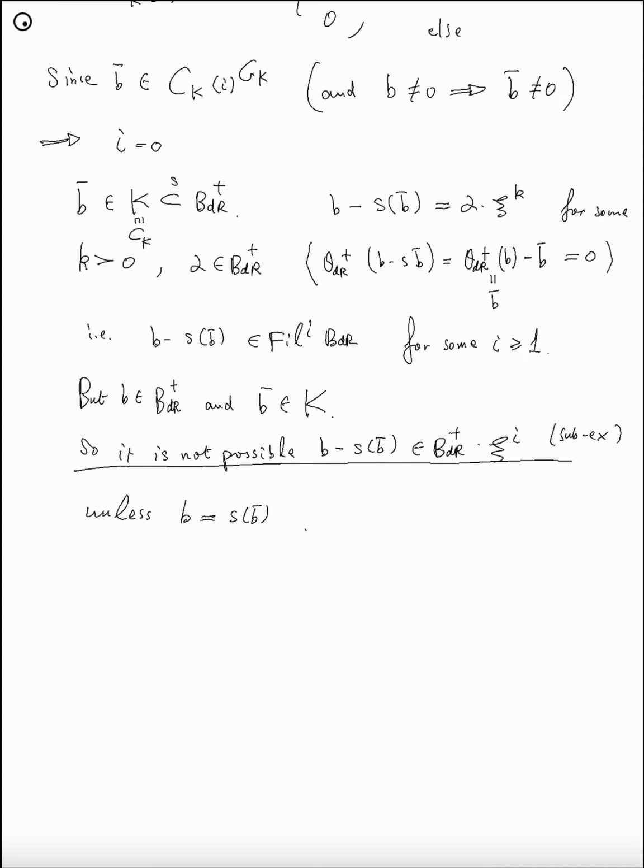So actually B is here, but not in B around C. So if you compute the p-adic valuation of this, it is 0. Right.